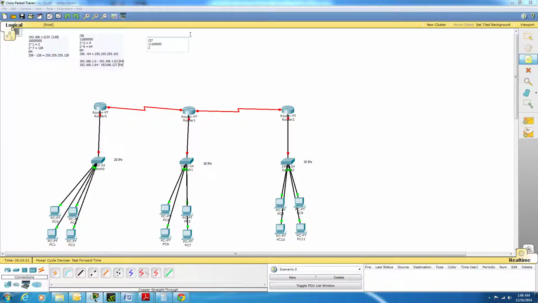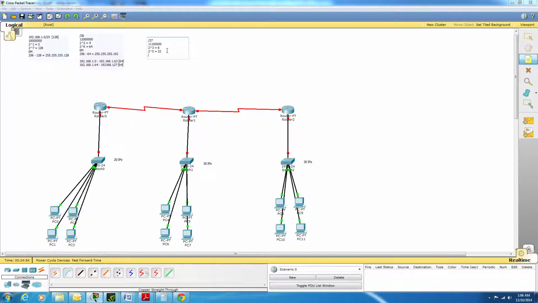So we're doing 2 to the third, which equals 8 blocks, and the number of zeros tells us the number of PCs, so that would be 2 to the 5th, and that will be 32 IP addresses.